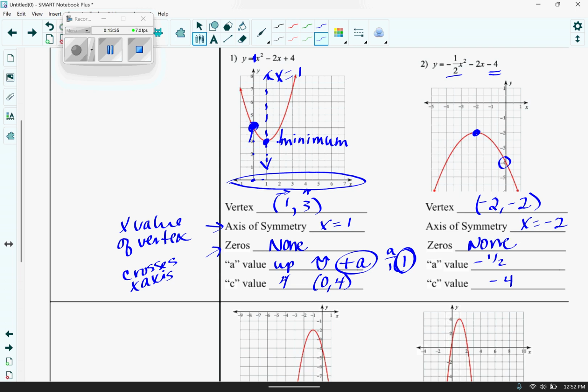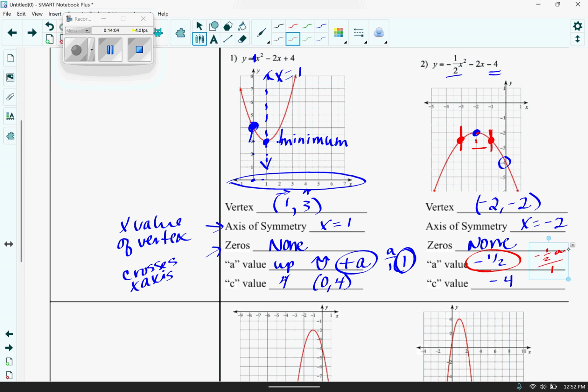Now my A value, let's talk about that a little bit more. If I go over 1, I'm here. If I go over 1 the other way, I'm right here. I'm looking for where it crossed here, so I can see it looks like a half, because this would be a whole 1. So a half and then over 1. So it's -1/2, down a half over 1. Not down 1 over 2, it's down 1/2 over 1.